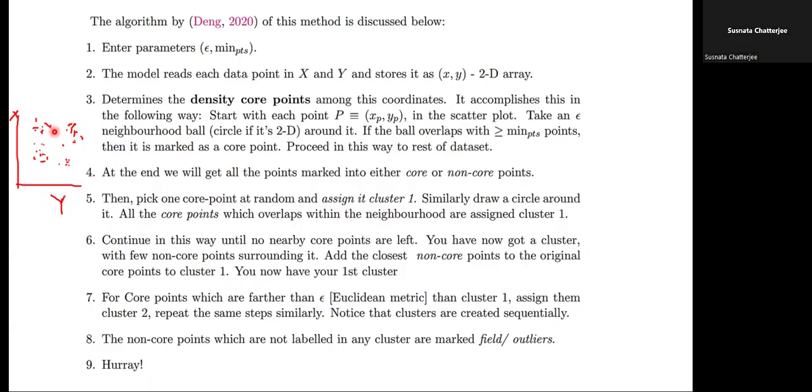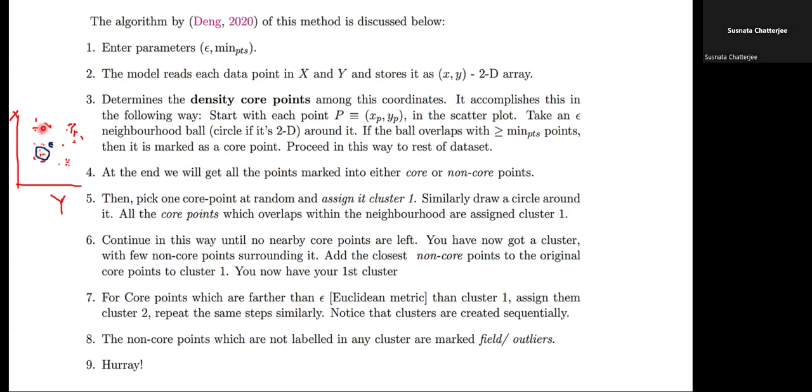If the ball overlaps with greater than or equal to min points number of points, then it is marked as a core point. We proceed in this way through the rest of the data set.